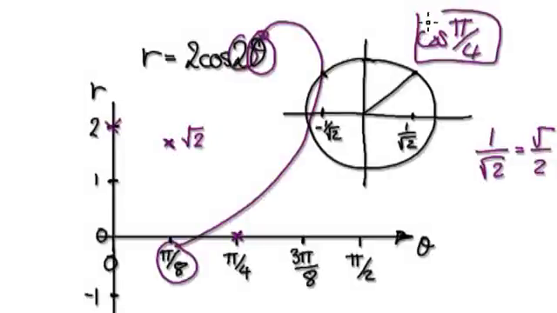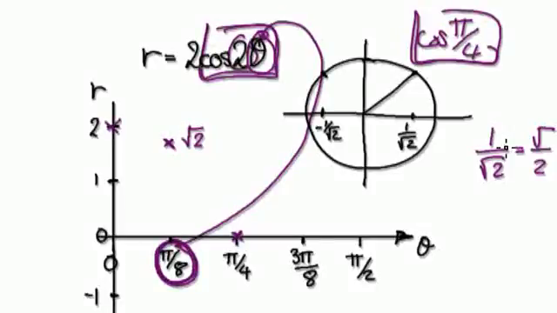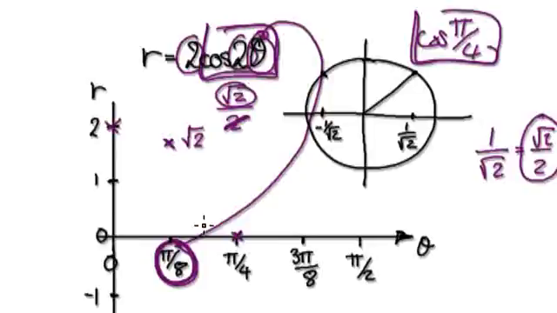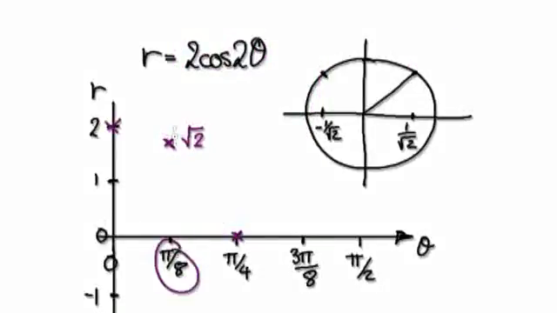So when theta is pi over 8, this block here will be root 2 over 2, and times 2 will kill off the 2, leaving you with root 2. When it's pi over 8, the radius will be root 2.